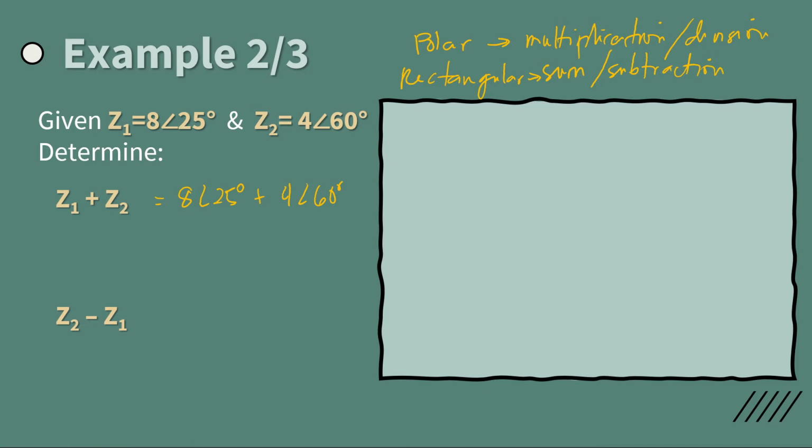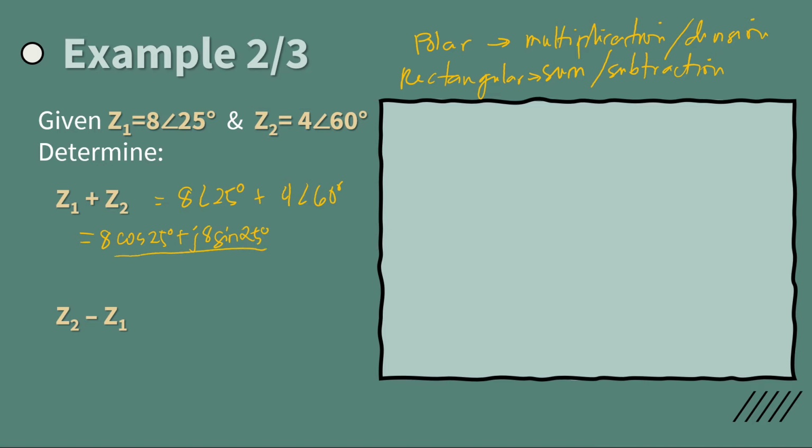But in this case, I'd like you to see how it goes. We just need to convert this. From the previous example we know that this is 8 cosine 25 degrees for the real part of this complex number z1, plus j 8 sine 25 degrees. So this is actually your z1.